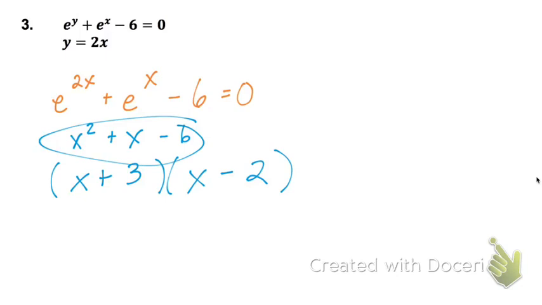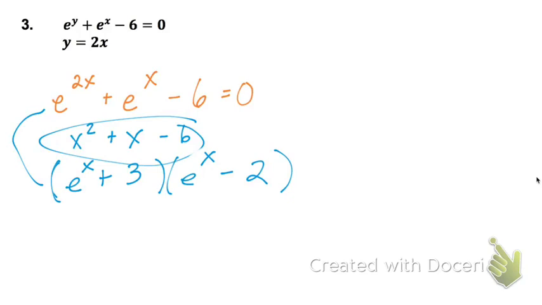Now, the only difference in factoring this and factoring this is that instead of writing x here, it's just e to the x. I promise you it's not bad. This is a lot of information, but you're okay.